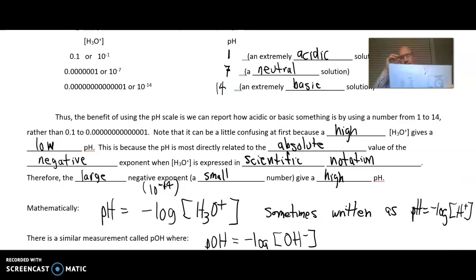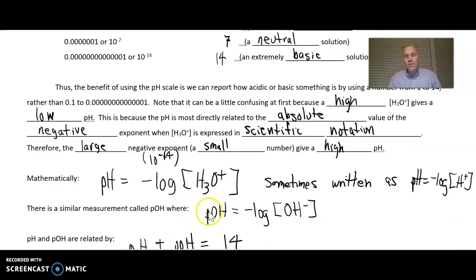In fact, if you look in your reference guide at the formula sheet, you'll notice that the formula for pH is given in this form right here. I actually prefer this form right here because, again, there really is no such thing as dissolved H+ ion. You really have dissolved H3O+ ion.